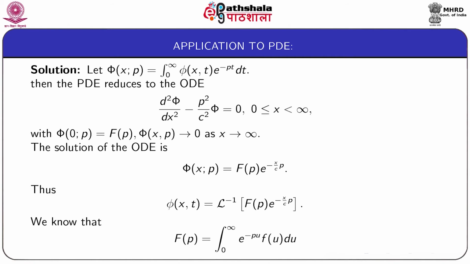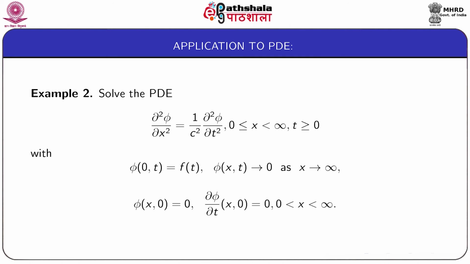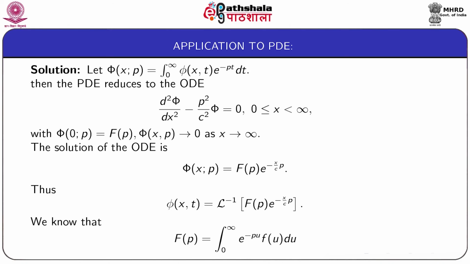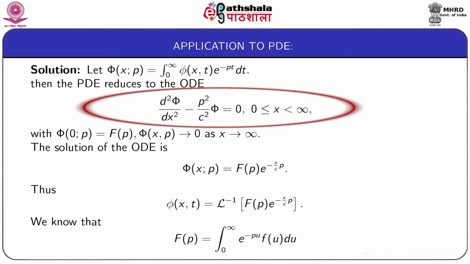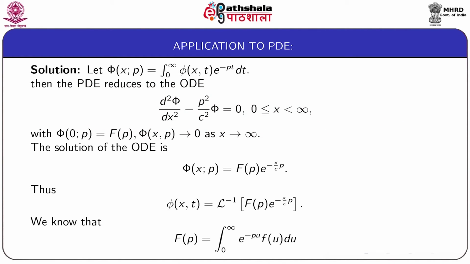If we multiply the given partial differential equation on both sides by e to the power minus pt and integrate with respect to t from 0 to infinity, this reduces to the ordinary differential equation d2 capital Phi by dx2 minus p square by c square capital Phi equal to 0, x lying in the interval 0 to infinity.